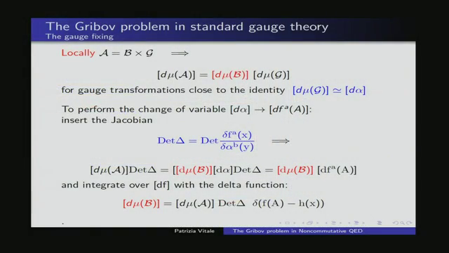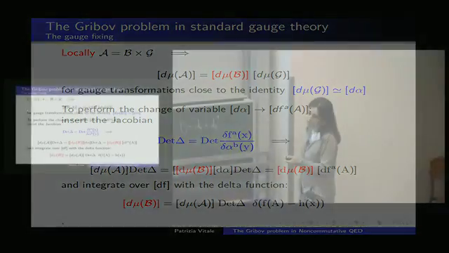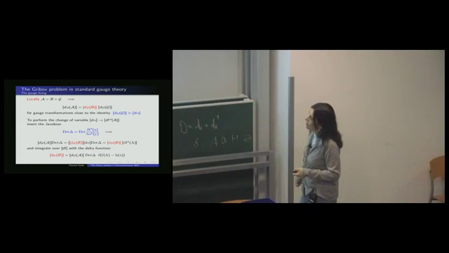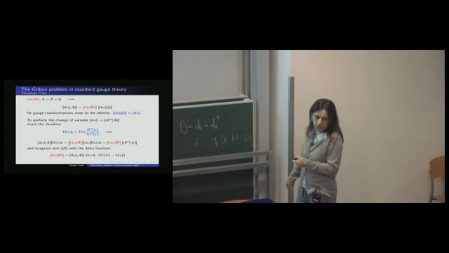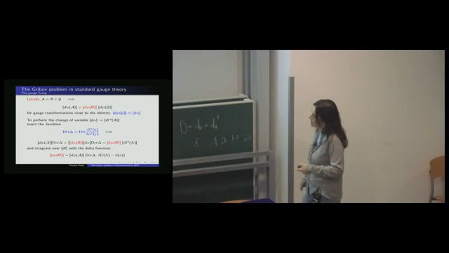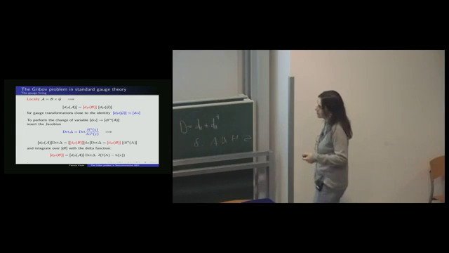So what I do now, I integrate over this dfa using the delta function that I had for gauge fixing, and I have obtained my d mu b here, because the integral of this times the delta function will disappear. So I have obtained my d mu b in terms of the measure over A times the Faddeev-Popov determinant times this delta function.